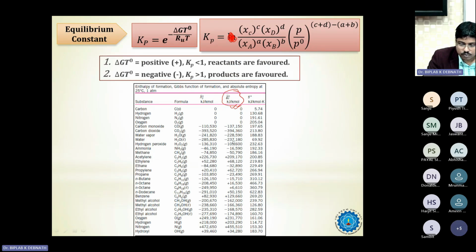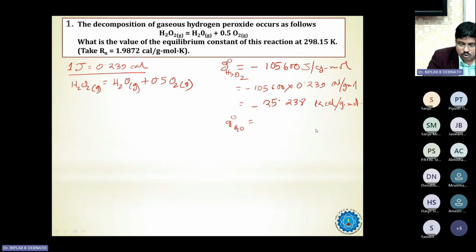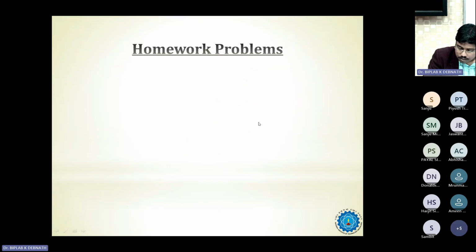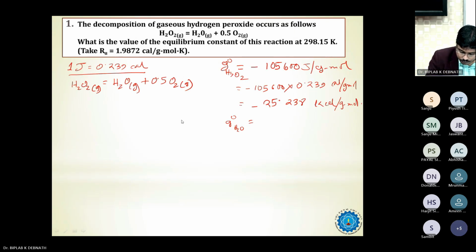So let us see from the table. Water vapor minus 241,820, right? So we write minus 241,820 joule per gram mole.